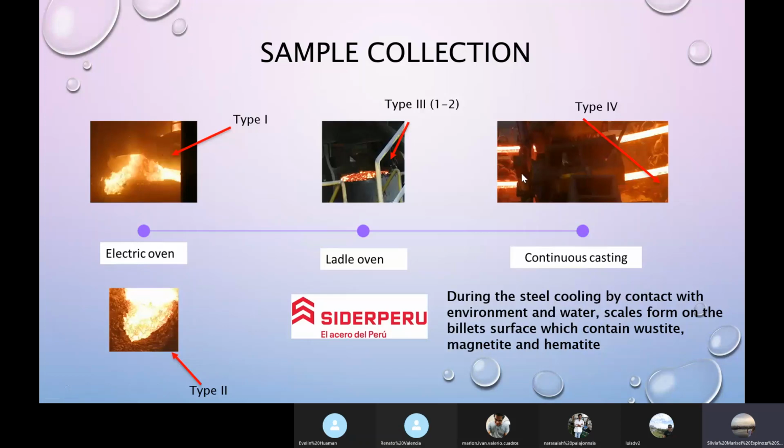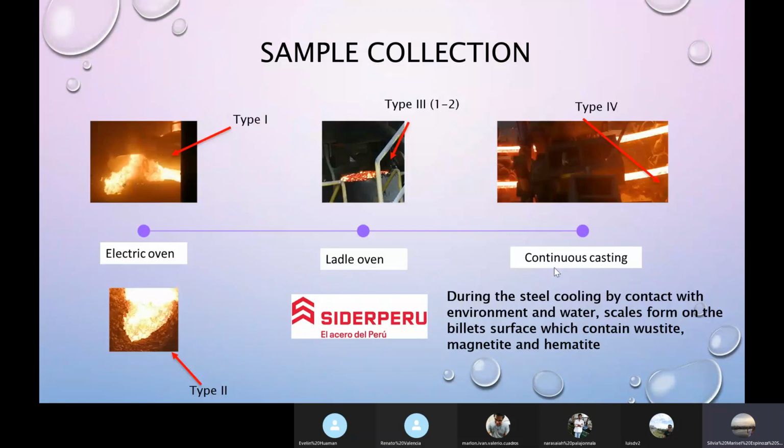These molds have a square section and oscillate to avoid the sticking of steel on the walls. Billets are formed and come out continuously, continuous casting, with high pressure water injection in the fourth phase.